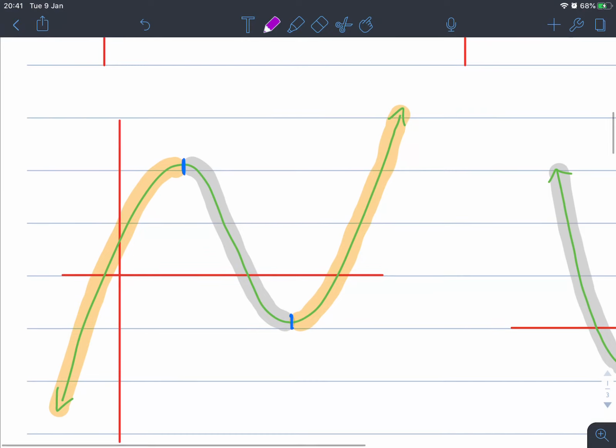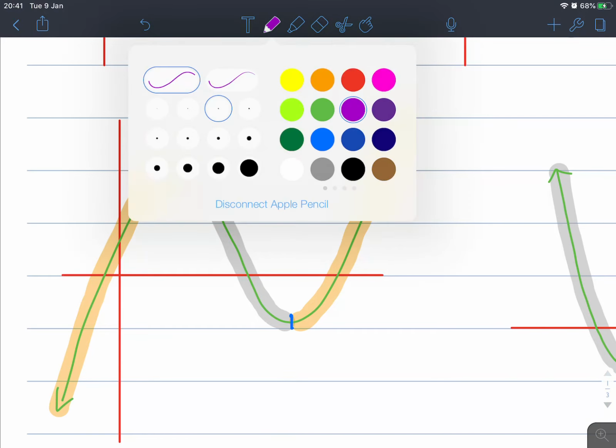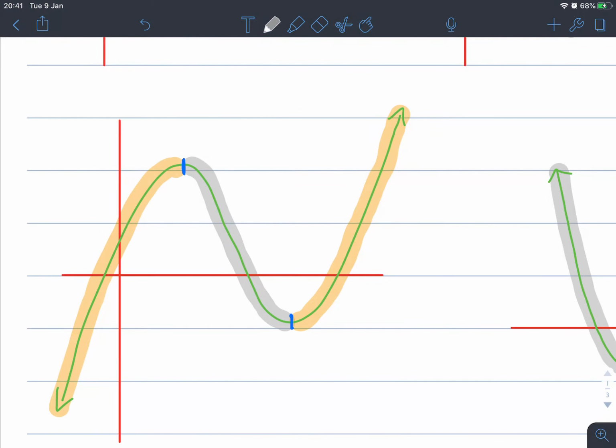There will be a point along the top where it's very small, but it would be flat, and that point is a stationary point. And then from that point onwards, as x increases, y is now going downwards.